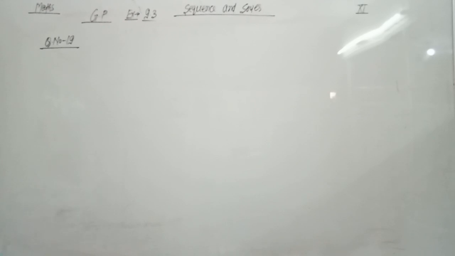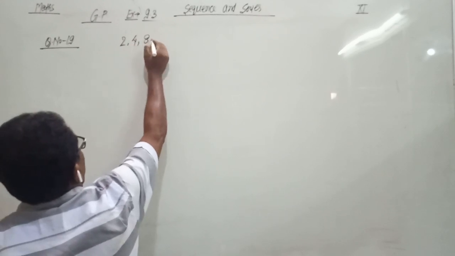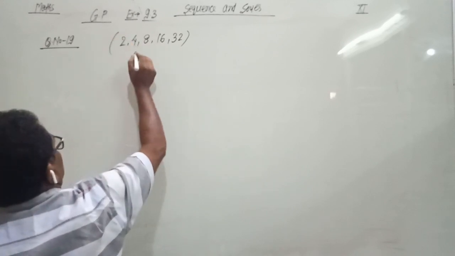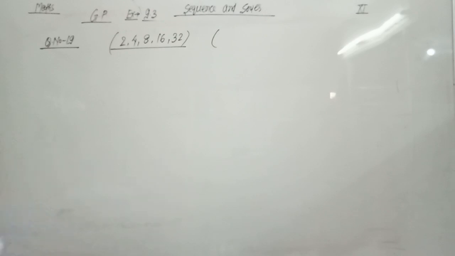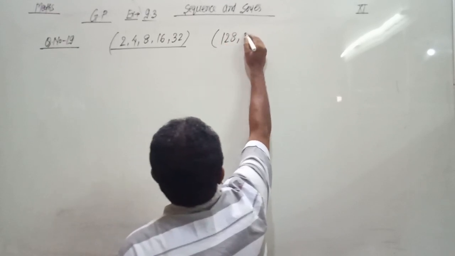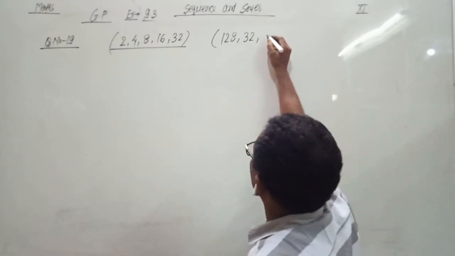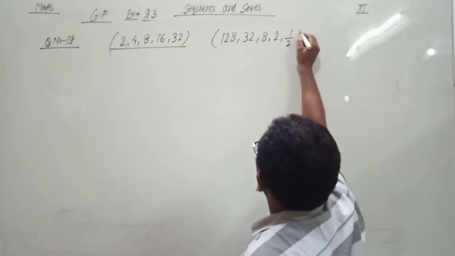There are two sequences given. 2, 4, 8, 16, 32 is one sequence, and another sequence is given: 128, 32, 8, 2, 1 by 2.